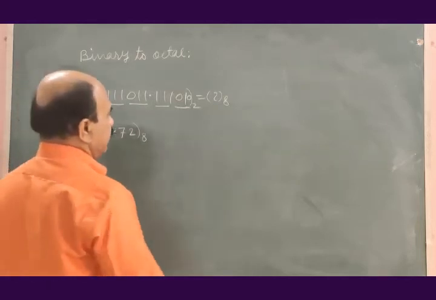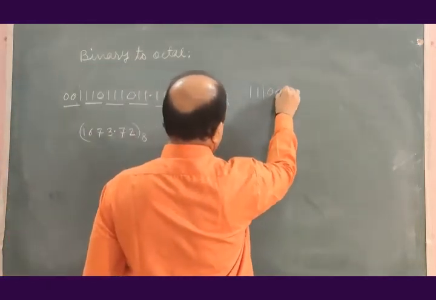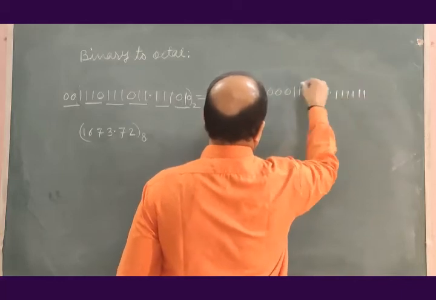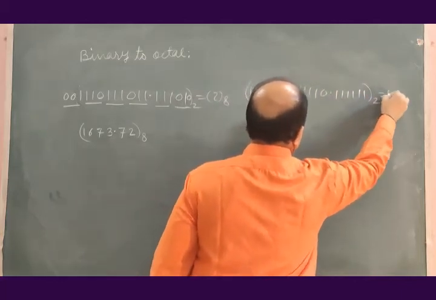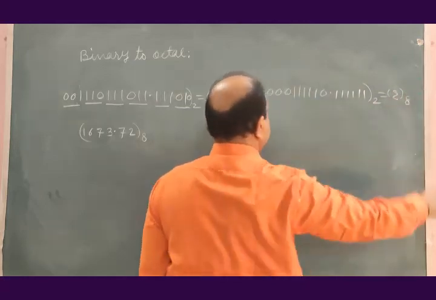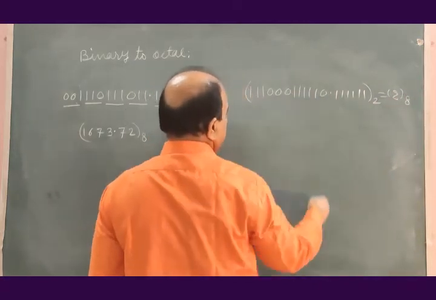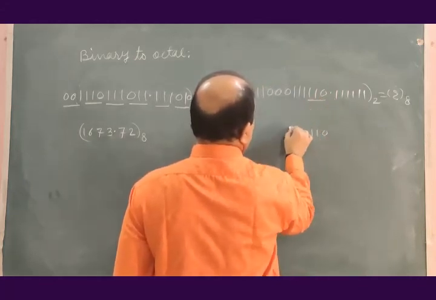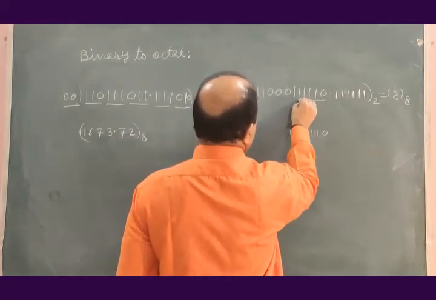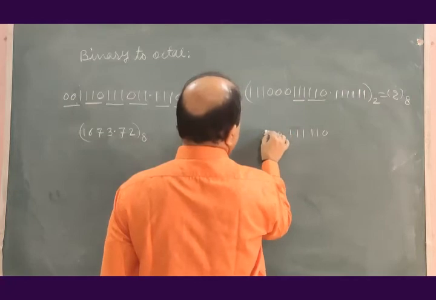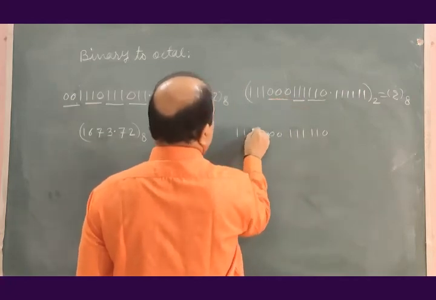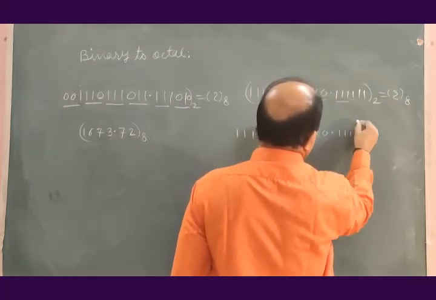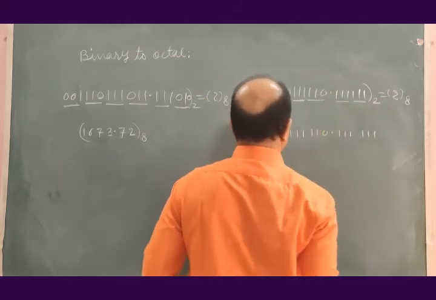Let us go to some other example. Start from the binary point. 1 1 0, 1 1 1, 0 0 0, 1 1 1, 1 1 1, 1 1 1.